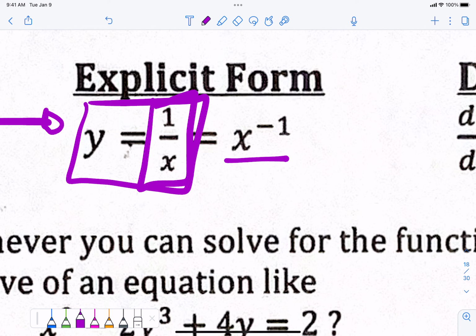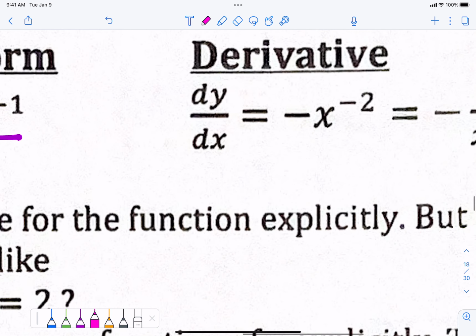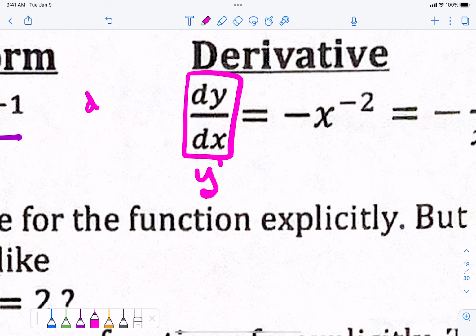Now, here's the deal. We always try to label this guy right here. What's the derivative of y? Y prime. They have different names for it. Y prime, sometimes they'll call it f prime of x. They call it dy dx also, and the wording you use is the derivative of y with respect to x.